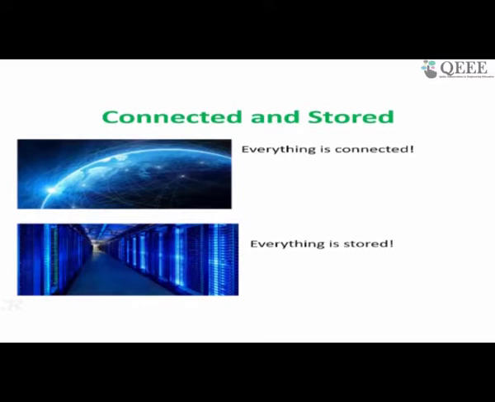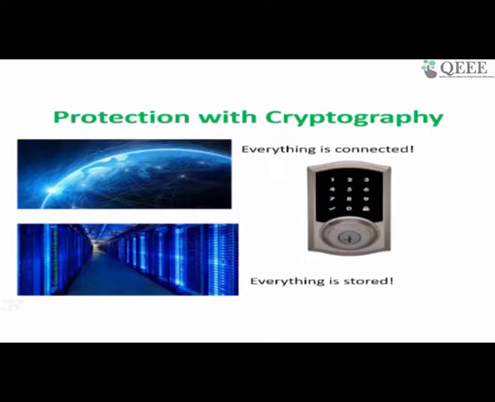A lot of things that we do online today are secured with cryptography, and a lot of this cryptography is with public key schemes, such as RSA, which we will be studying in detail during this course, and other public key schemes like Diffie-Hellman and elliptic curve cryptography, which is also used widely to protect various transactions which are done online.